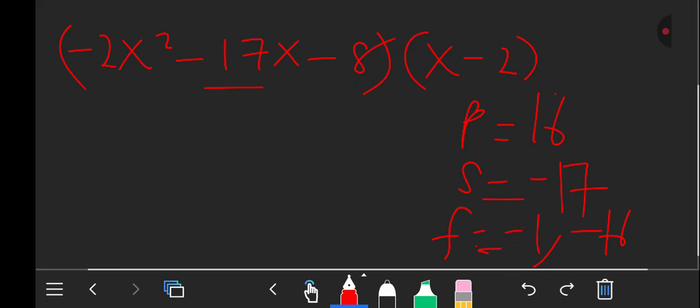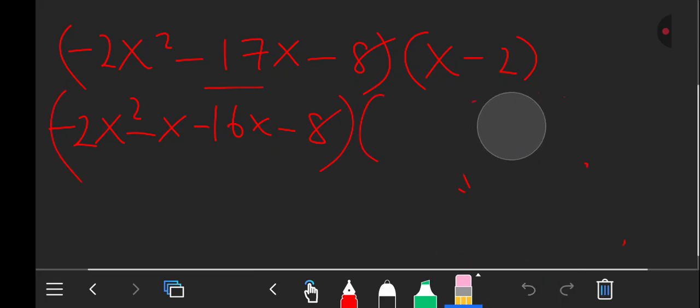So you are going to get negative 2x squared, then minus x, minus 16x, minus 8, like that. Then you have x minus 2. At this point, you can factorize in pairs.